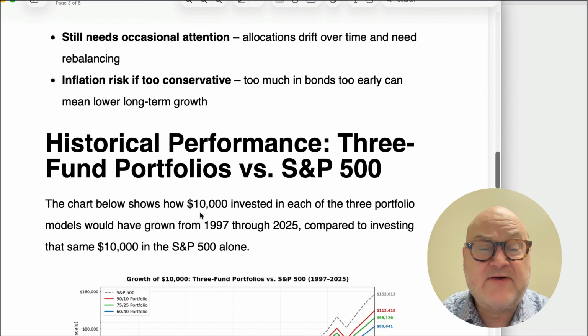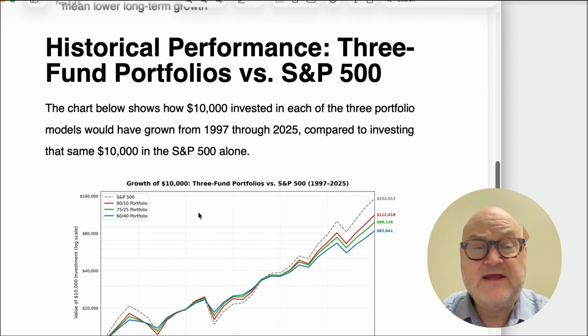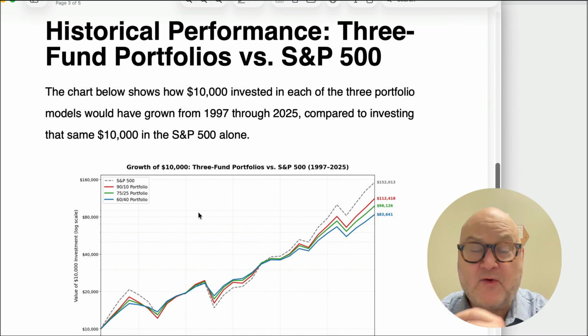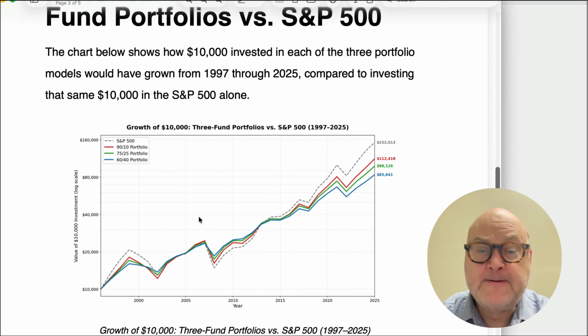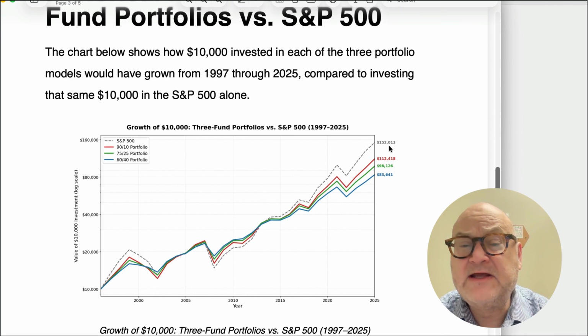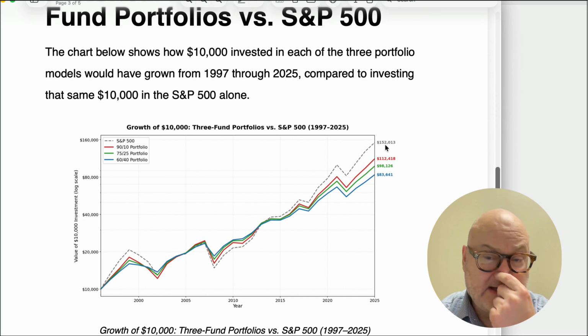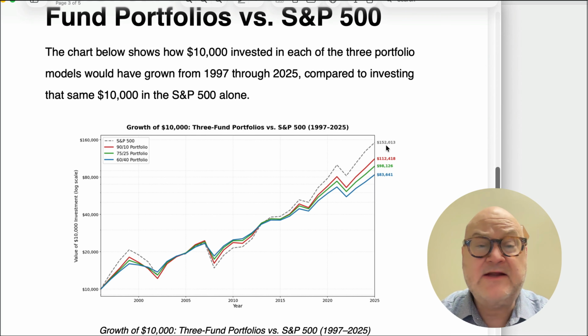So let's look at a chart here of the historical performance of these three fund portfolios that I've just set up. Let's say we invested $10,000, and we'll show a table where you can see these numbers a little bit easier. The dotted line is the S&P 500, and it has the highest returns over these last 29 years.